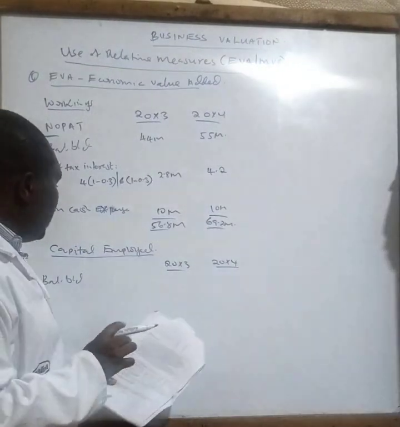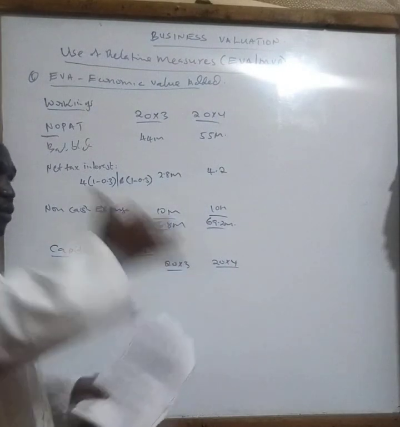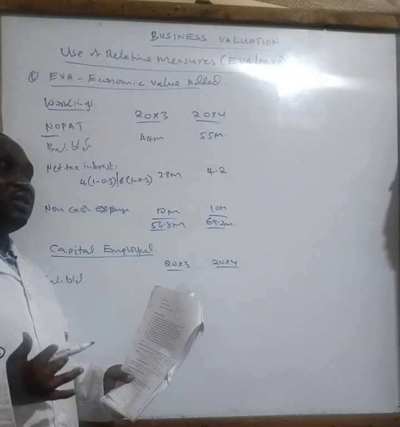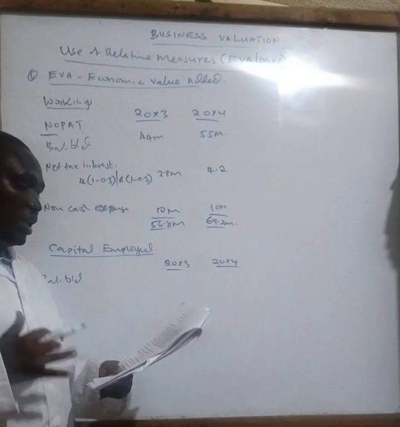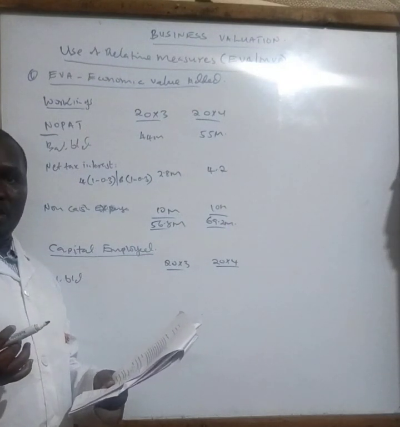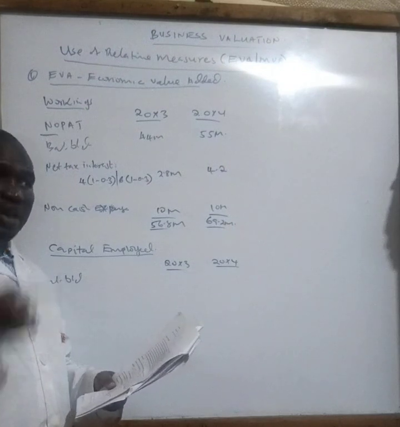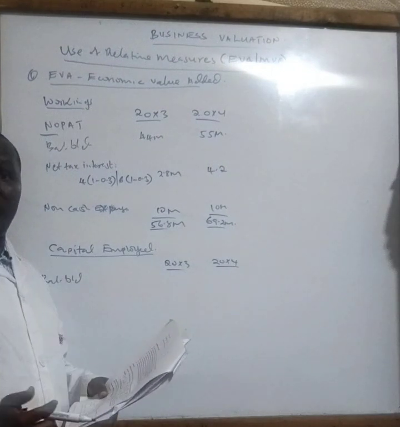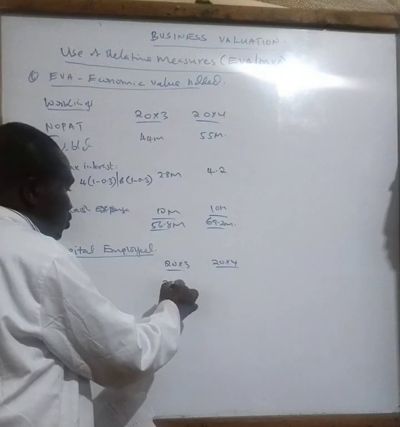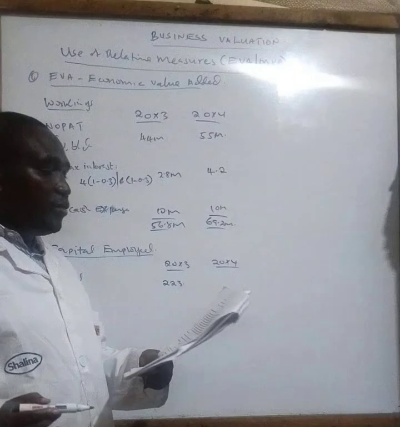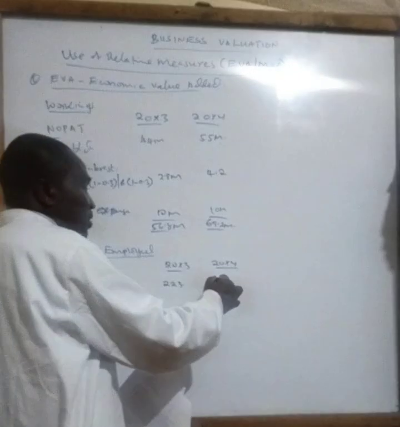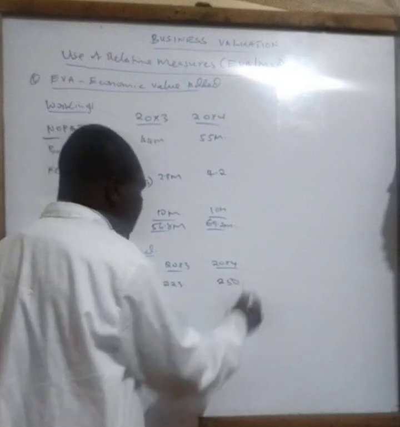The balance brought forward is the opening balance for the current period. As per the additional information in the question, the capital employed for 20x2 was 223, which is the opening balance for 20x3. The closing figure for 20x3 was 250, so it is the opening figure for 20x4, which is 250.